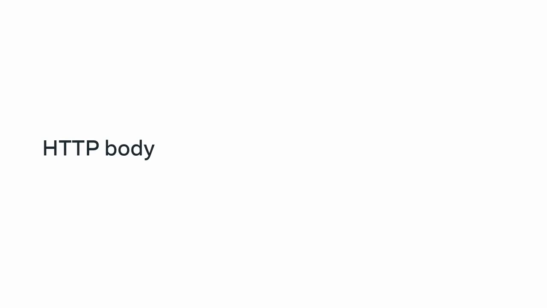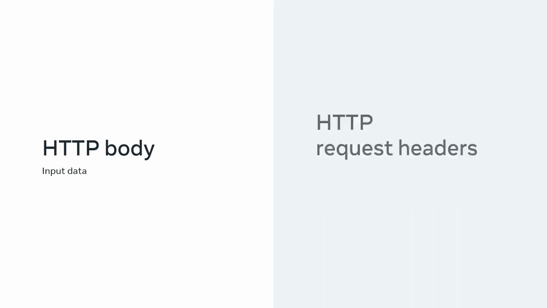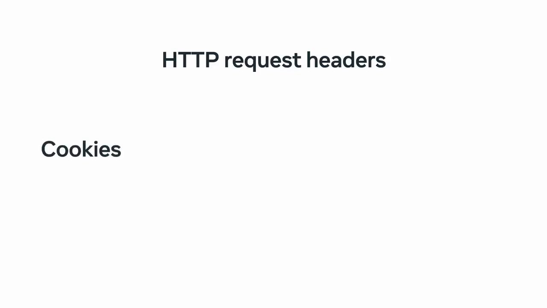Well, when you submit a form, like your username and password to sign into a website, that data is passed to the web server as the HTTP body as either a raw JSON string or a form URL encoded string. HTTP headers, on the other hand, are a core part of every HTTP request and may contain extra information that helps the server make some decisions on how to present the content. Examples of HTTP request headers are cookies, user agents, and referrers.